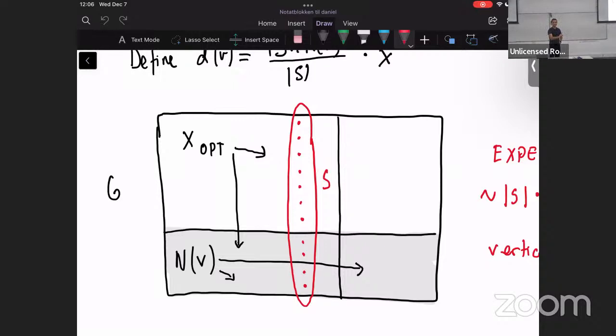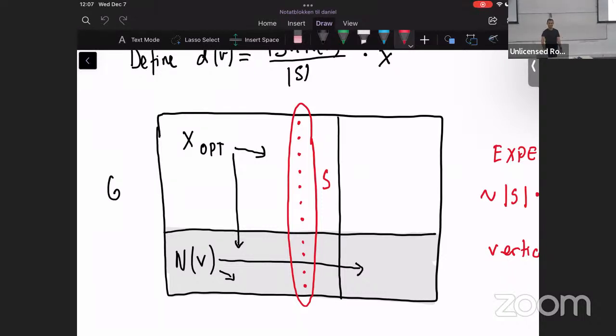But if I pick a bunch of samples uniformly at random, and they are all from X opt, then the ratio of the number of samples that barked relative to the number of samples should be close to the probability of a bark.